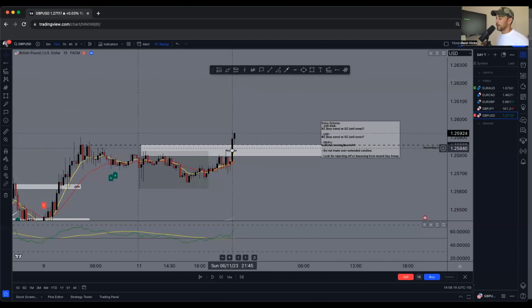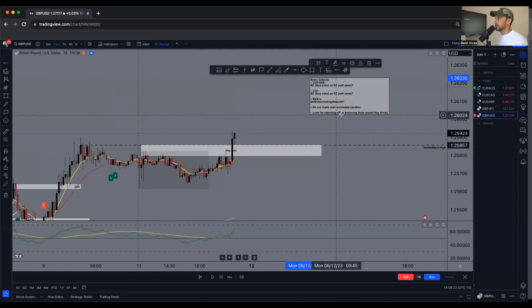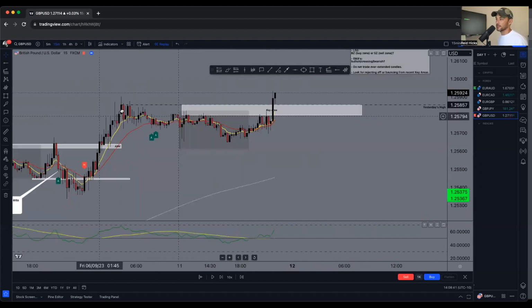What I look for is rejection off or bouncing from recent key areas. Do not trade overextended candles. Perfect example to stay out of this one. This is a way overextended candle. It's the biggest candle since 3:45, 4 a.m. yesterday.